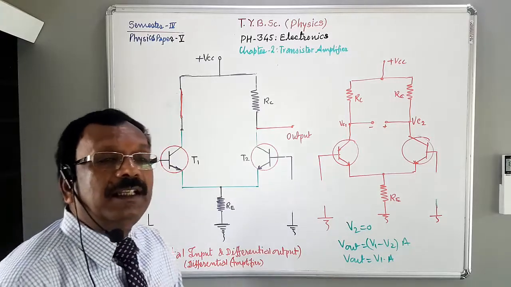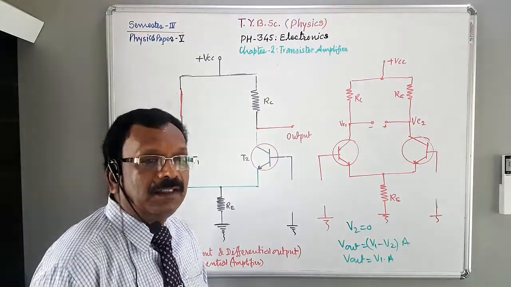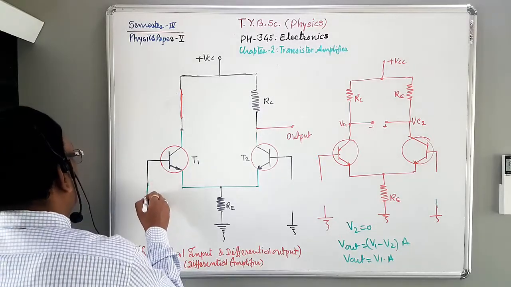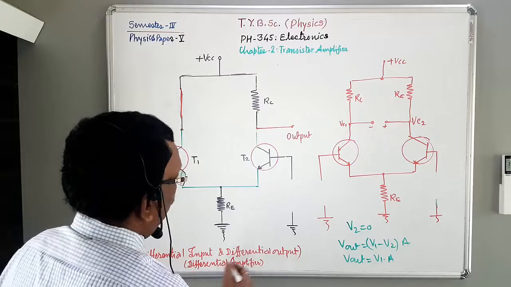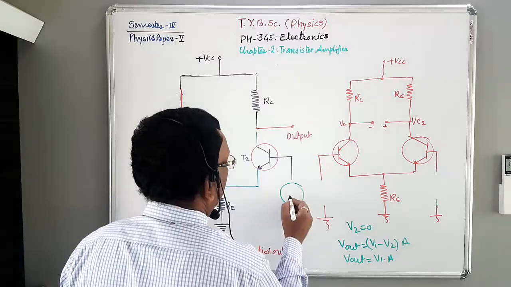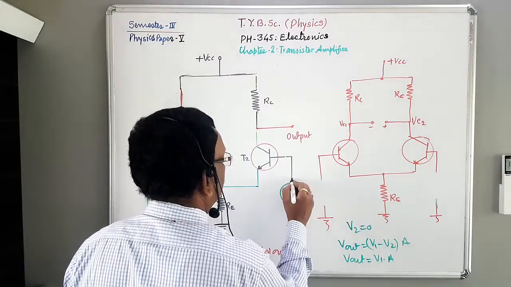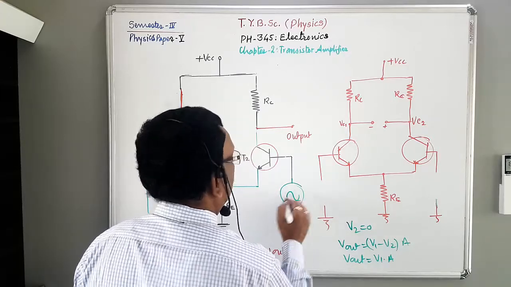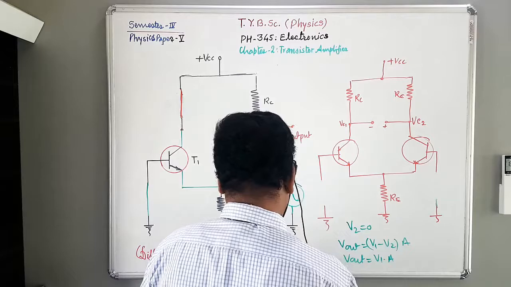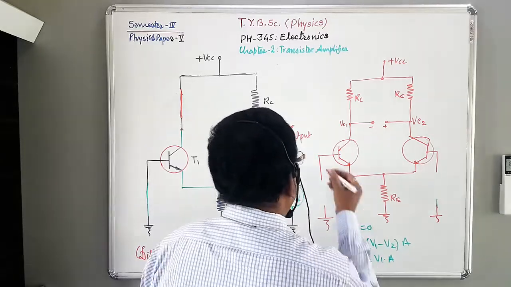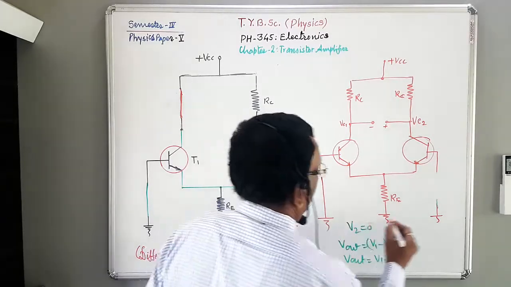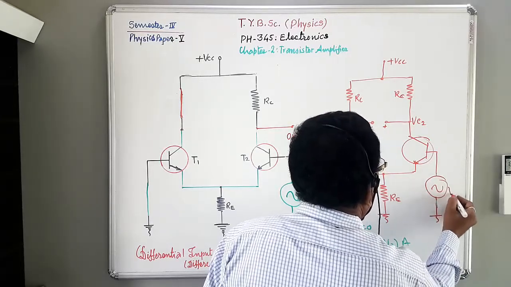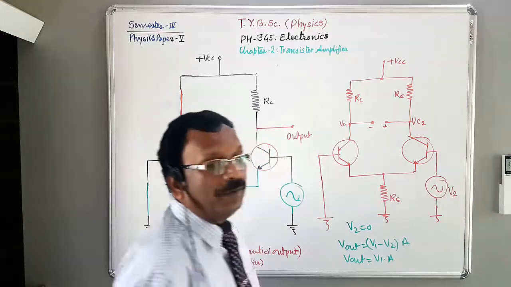Now in inverting configuration, this terminal is grounded, and here V2 is active signal. Here also we can connect this terminal directly to the ground and signal here V2 is active.